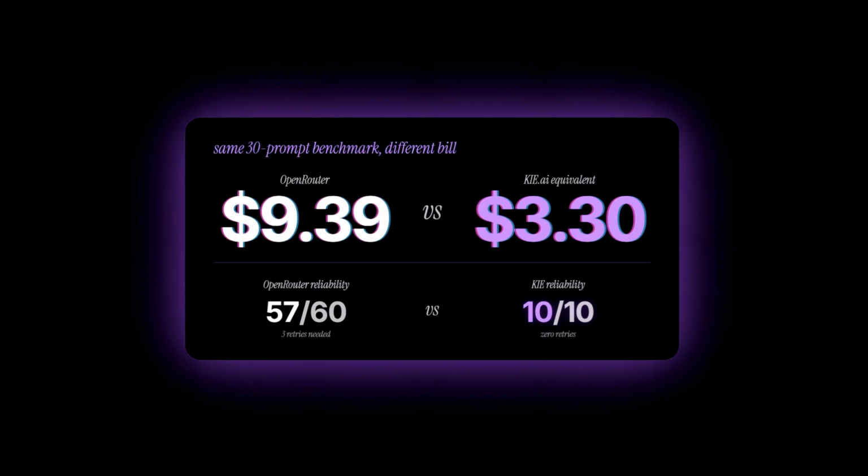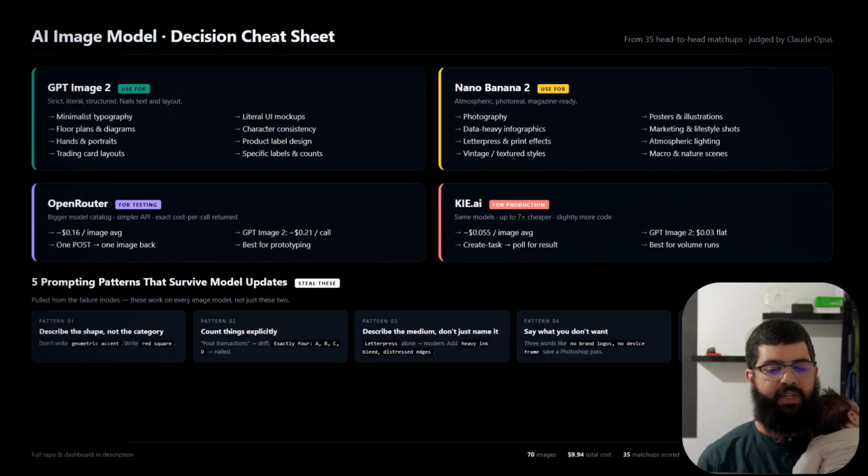If I ran the original 30 prompts benchmark on Kai instead of Open Router, the bill would have been about $330 instead of $9.39, and the speed was about the same on both, roughly a minute per image. Kai actually had better reliability in my sample: 10 succeeded, but Open Router had 3 out of 60 fail, and I had to retry.